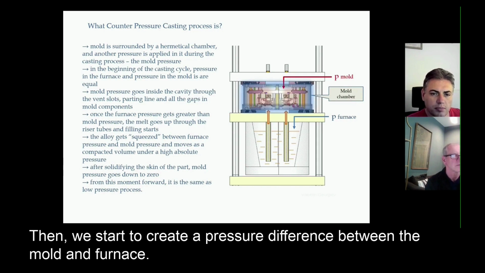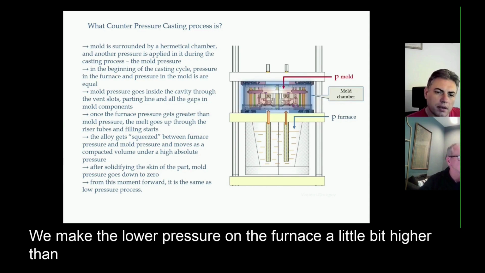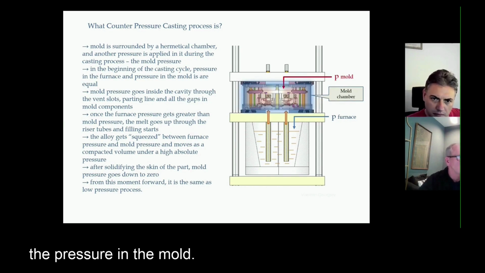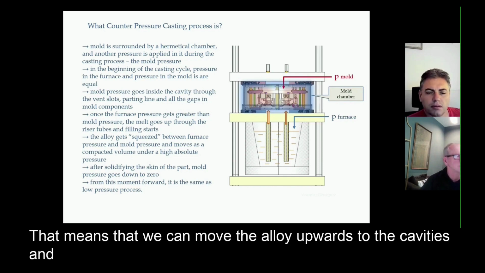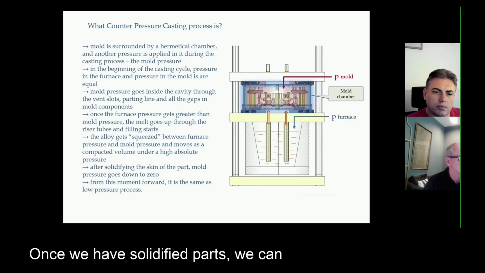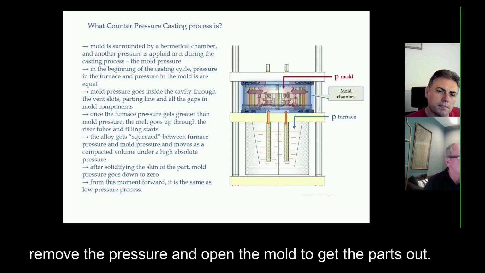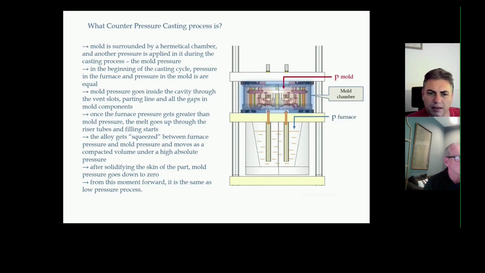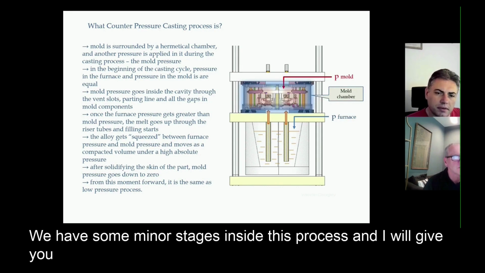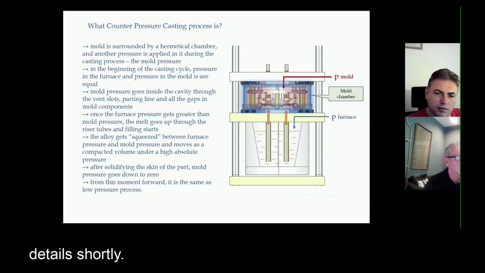Then we start to create a pressure difference between the mold and furnace, and we make the pressure in the furnace a little bit higher than pressure in the mold. That means that we can move the alloy upward to the cavities and start filling them. Once we have solidified parts, we can remove the pressure and open the mold to get the parts out. We have some minor stages inside this process, and I will give you details after a while.